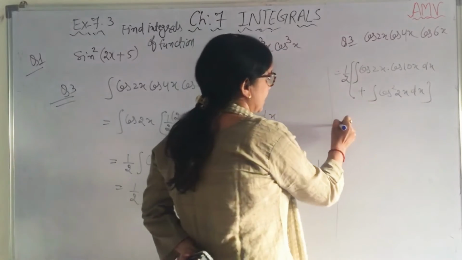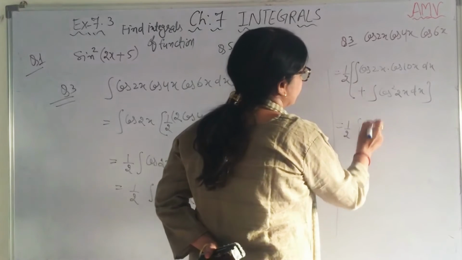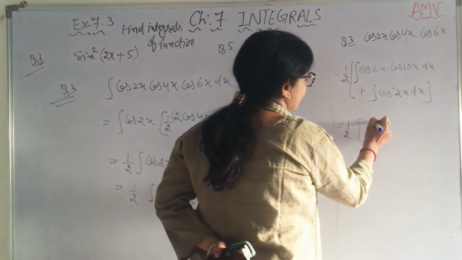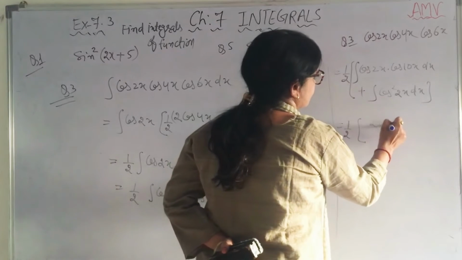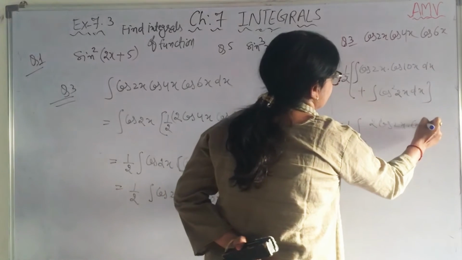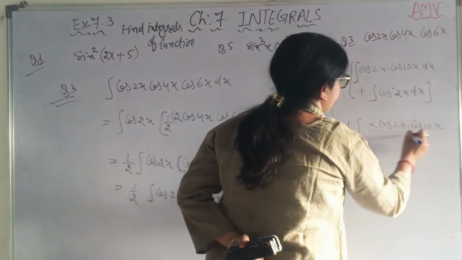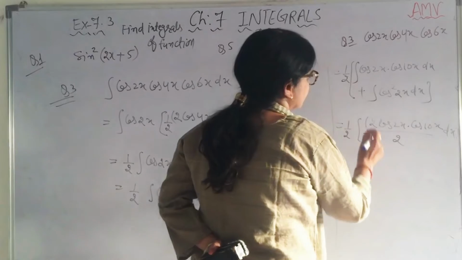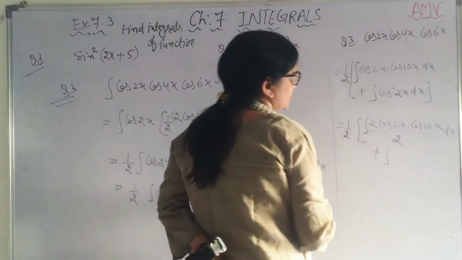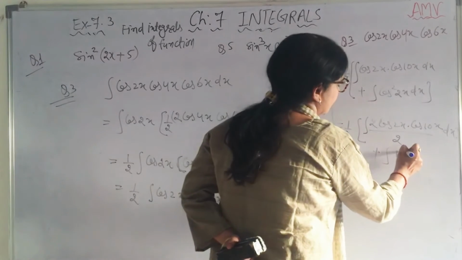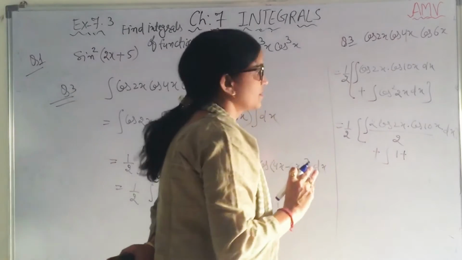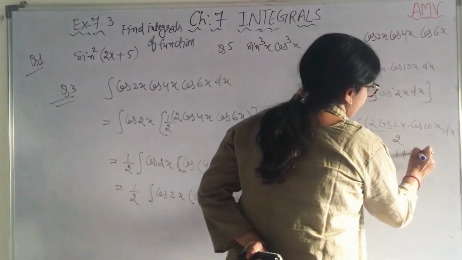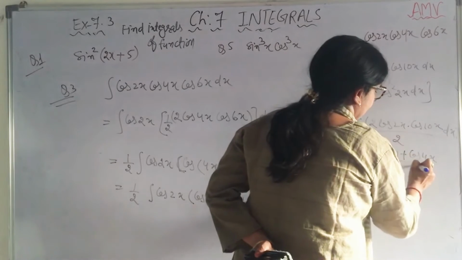Now again you have to apply the identity for this term. Multiply by 2, you will get cos 2x cos 10x, and here divide by 2 dx, plus here integration of cos square 2x, which means 1 plus cos 4x by 2.